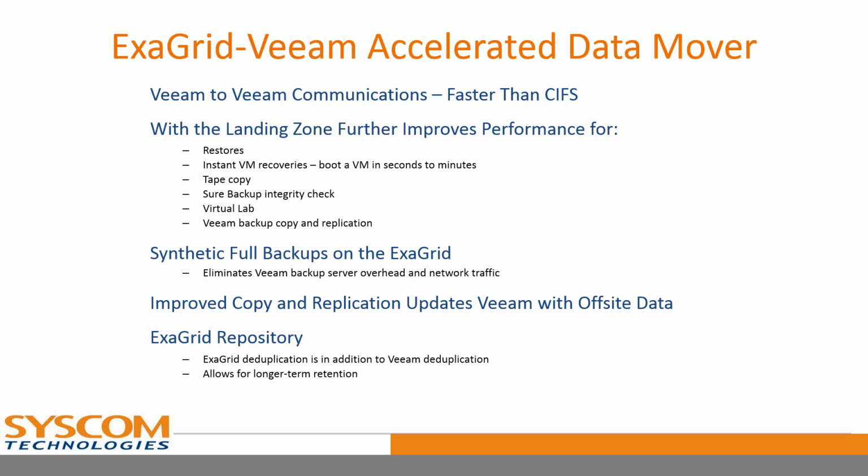Now all that is offloaded to the ExaGrid, and so therefore it's much, much faster. If you do have the older style CIFS shares set up and you want to take advantage of the new CIFS, there is a new version of the ExaGrid firmware that is a companion version with version 8, and you'll be able to convert those over on the ExaGrid side.